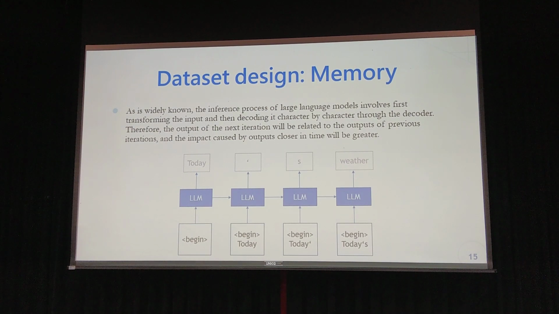And the second is the memory processing. As we know, the output of the language model is iterative: with each character generated, the already generated output is also considered. However, due to the position encoding, the influence of the data will become smaller, and therefore we organize the positions of the questions and answers to bring them close together.